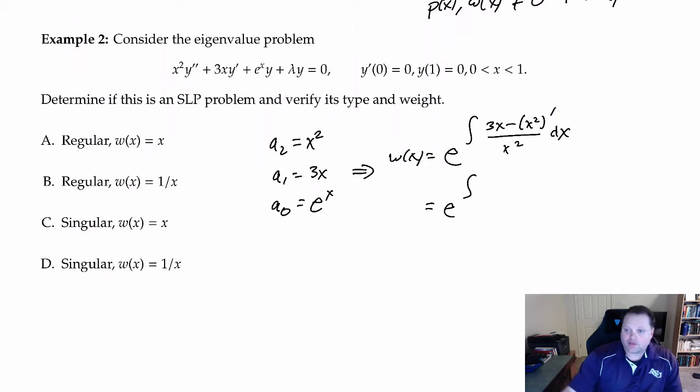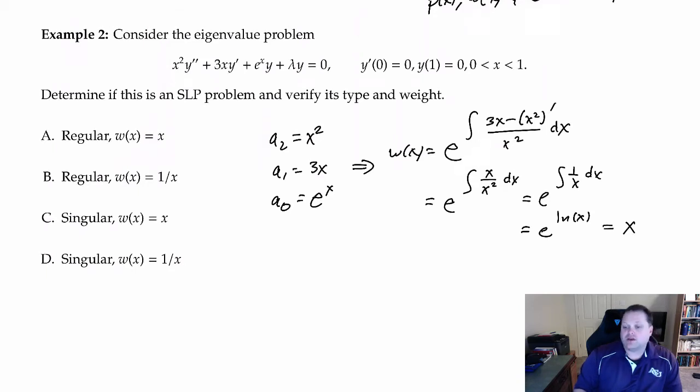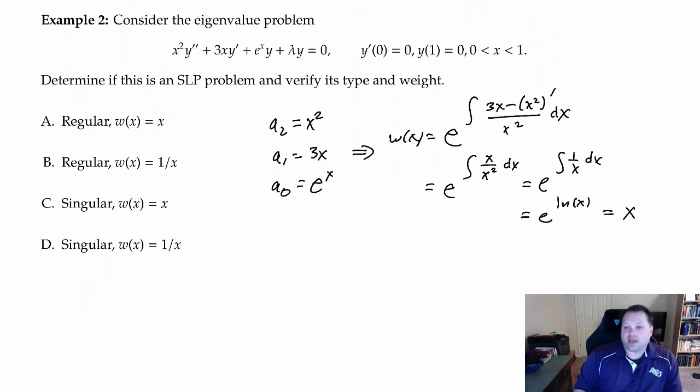So this is 3x minus 2x, which is just x. So you get x over x squared, or 1 over x. Integral of 1 over x is natural log. E to the natural log is just x. So our weight function here is just x. And you can instantly tell we're going to have some issues with that. But let's go ahead and write.